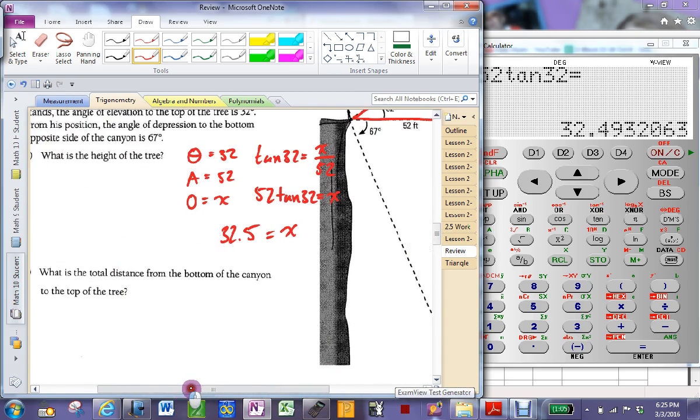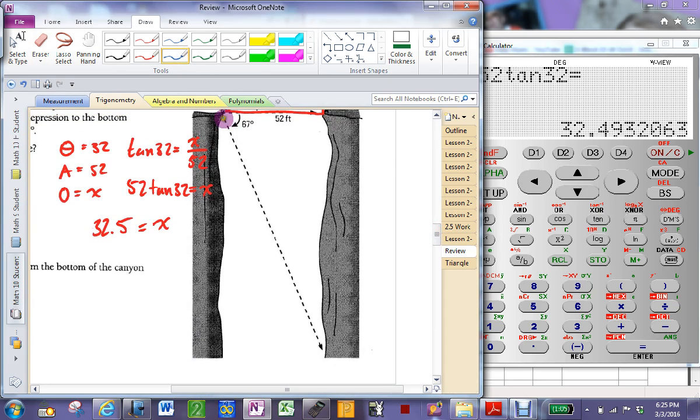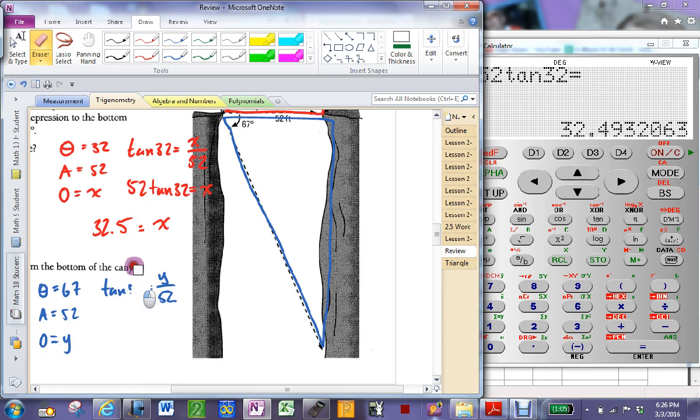What's the total distance from the bottom of the canyon to the top of the tree? So I need this triangle, which has a theta of 67, an A of 52, and an O of Y. Tan of 67 equals Y over 52.